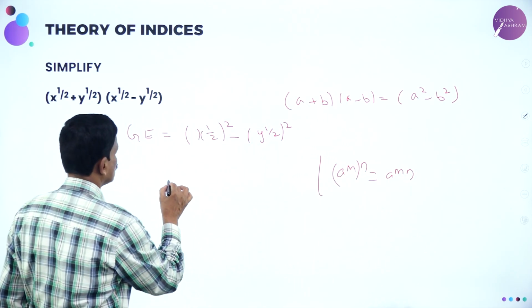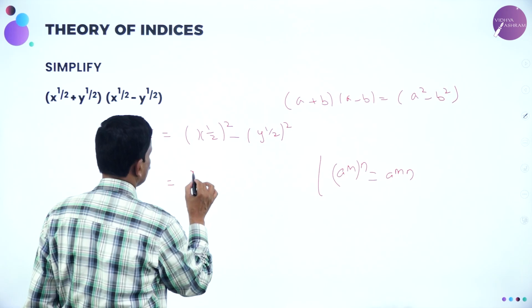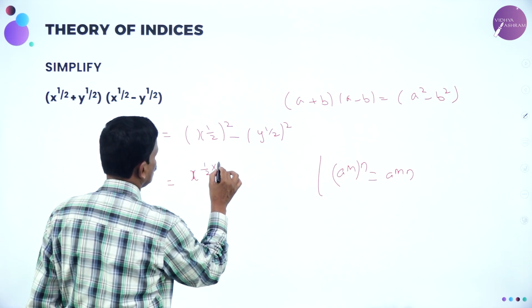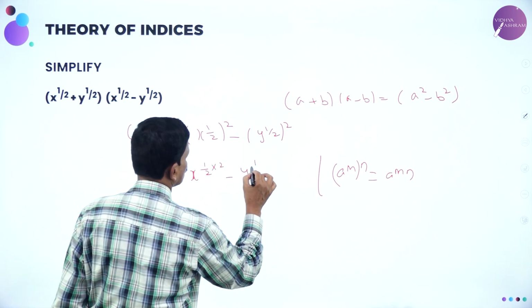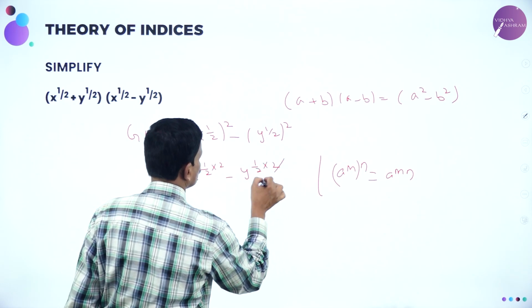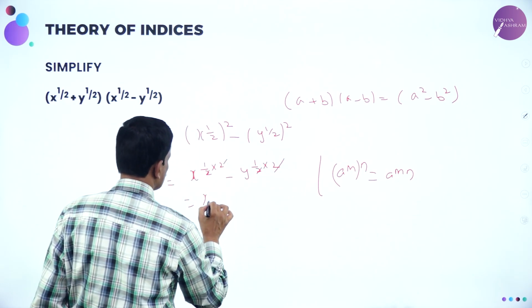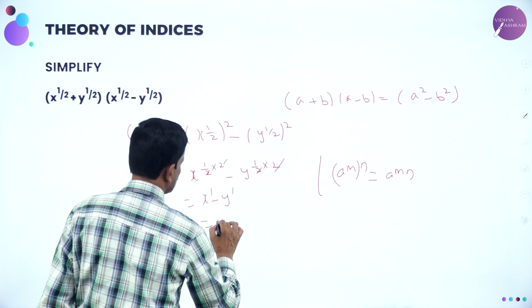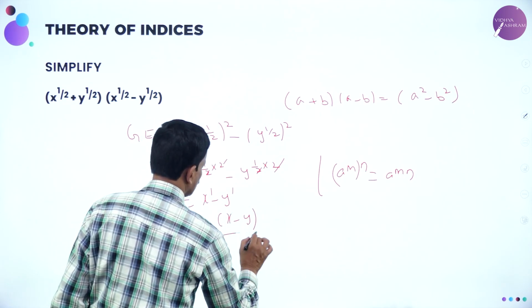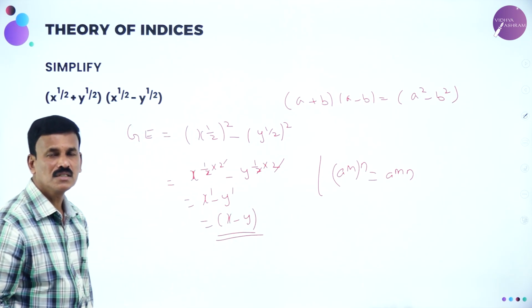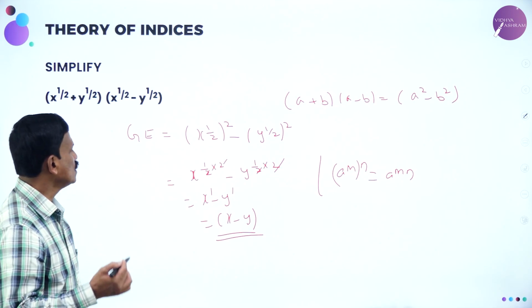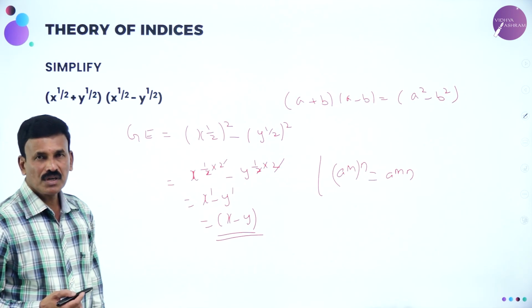So, this can be written as x to the power of 1 by 2 into 2 minus y to the power of 1 by 2 into 2. 2 gets cancelled. x power 1 minus y power 1 is nothing but x minus y, which is the required answer. That's it. Very simple for 2 marks. x minus y is the required answer.